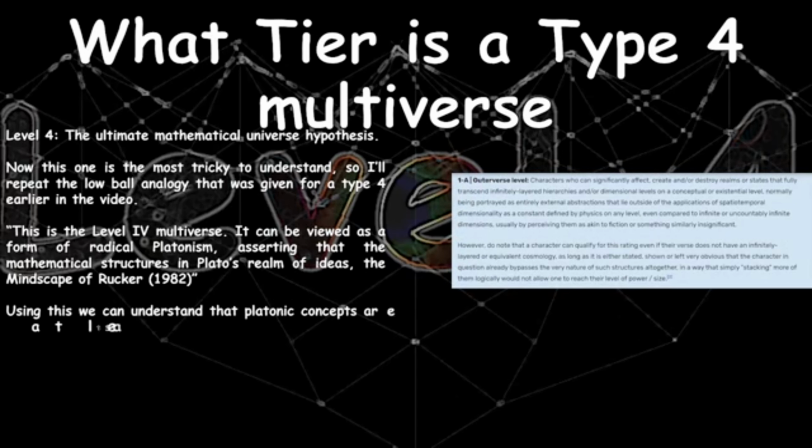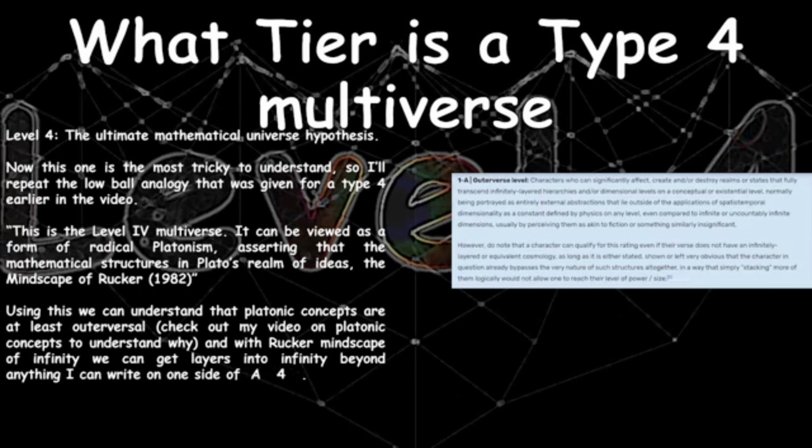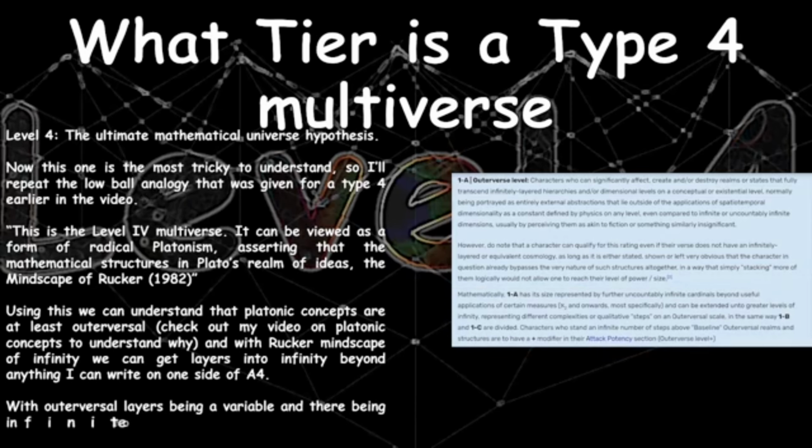Using this, we can understand that Platonic concepts are at least alderversal, which is something I showed in an earlier video, and this is layered infinite times with Rucker's mindscape of infinity. More than anything I could show on this simple slide. With alderversal layers being a variable, and there being infinite of them, it's very easy to understand this being beyond alderversal plus on Versus Battle Wiki.